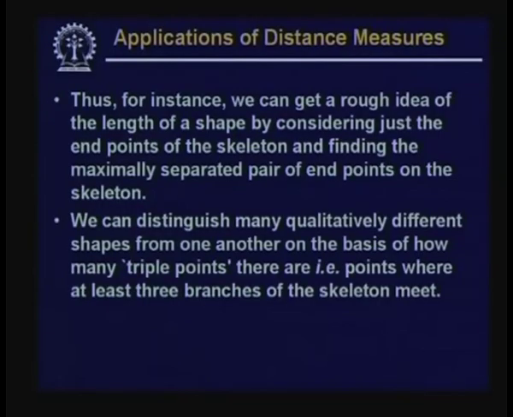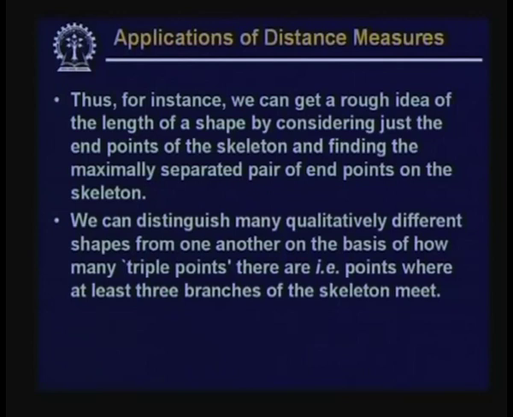And as we have already said, using the skeleton we can qualitatively differentiate between different shapes, because we can get a description of the shape in terms of the number of line segments that the skeleton has, and also in terms of the number of points in the skeleton where more than 2 line segments meet.